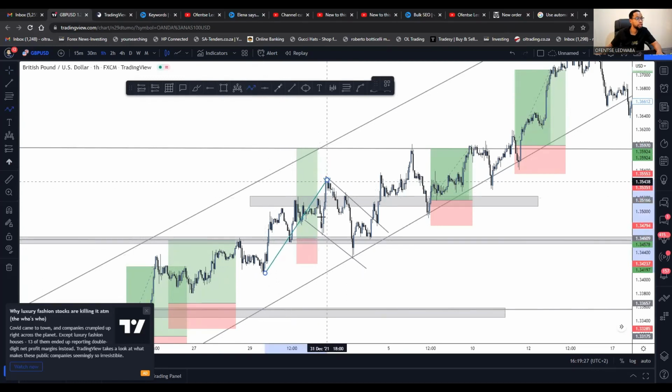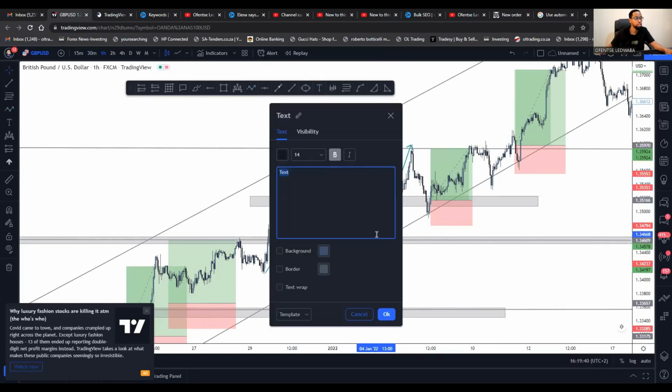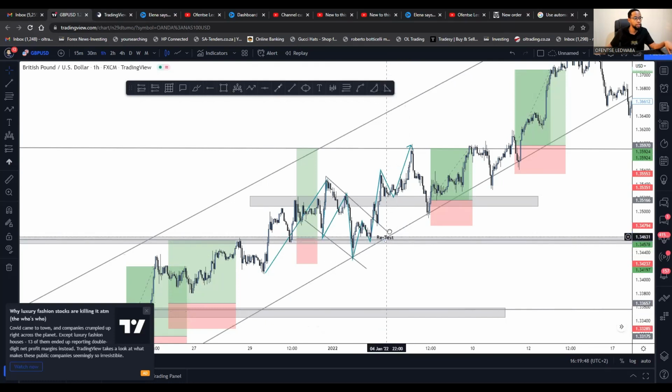We pushed and then we came back, correct. Then we pushed, retest, pushed up, retest up. Okay, so this is a retest of this support. And then here we have a retest again.